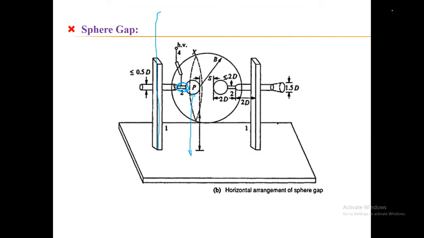But yes, the horizontal sphere gap assemblies, you can find them in the impulse voltage generators. But for measurement purposes, the vertical sphere gap assemblies are more common compared to this horizontal one.